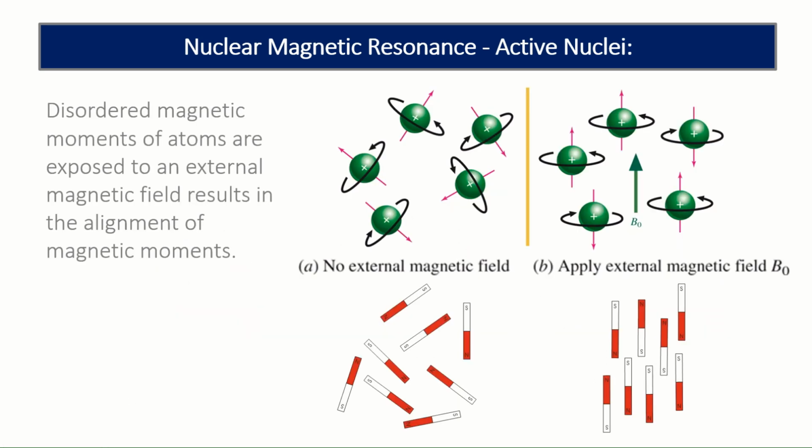We have a random sample of nuclei, and as soon as we apply our magnetic field, you can see herein that a number of these nuclei are now aligned with the field, and you have a few that are aligned against the field.